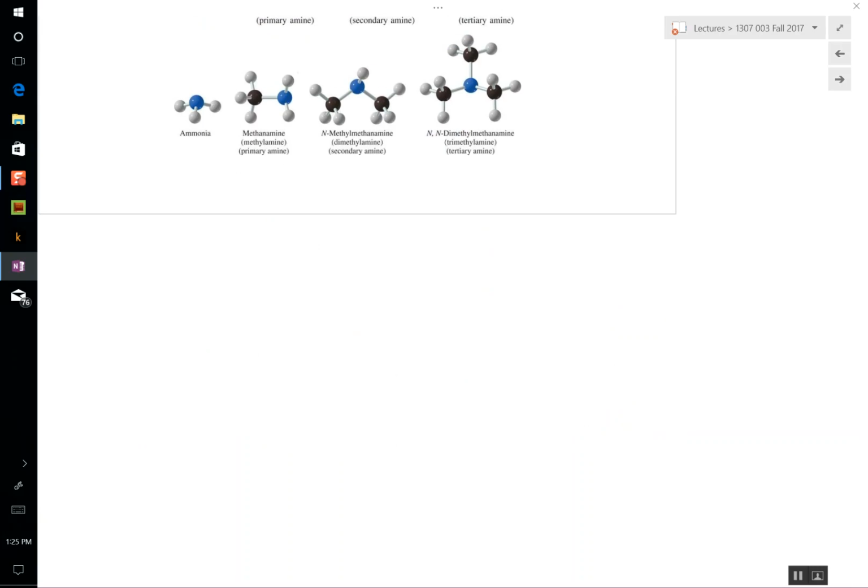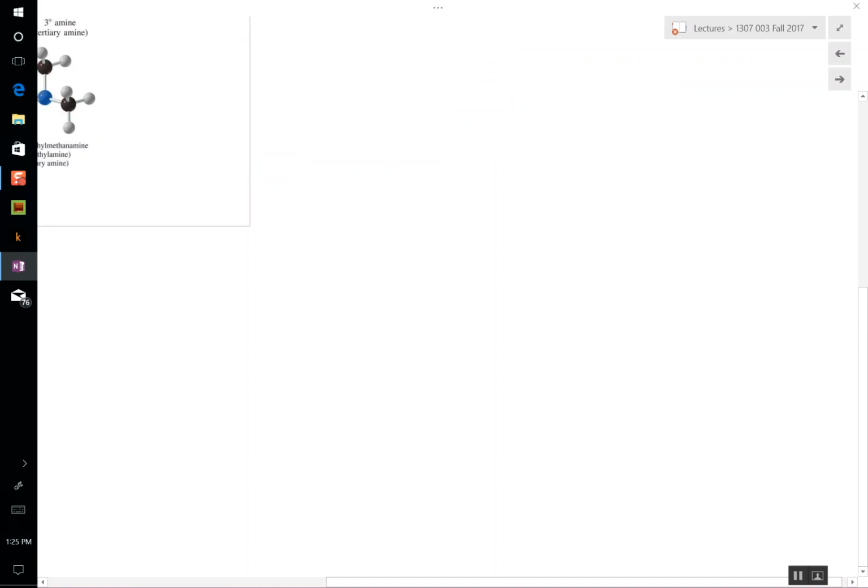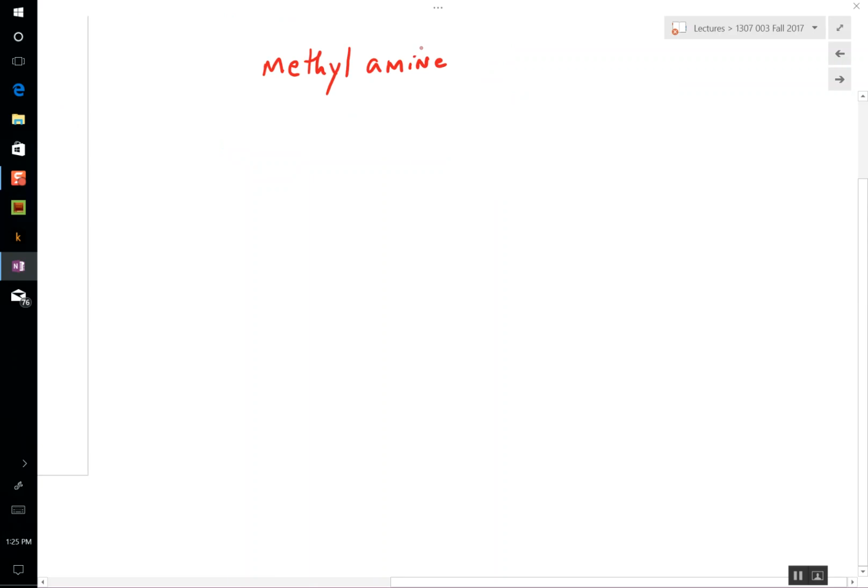So let's take this name right here, methylamine. Let's pretend we don't see that molecule, which we don't anymore. Methylamine. Now we know from what I just told you a minute ago that nitrogen likes three things around it. So let's go from the name.